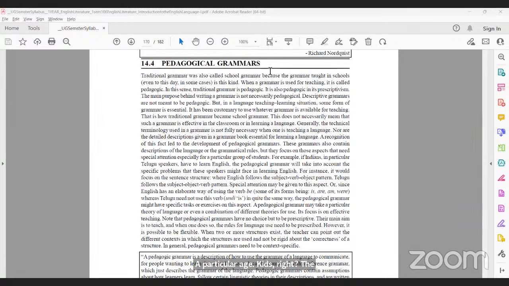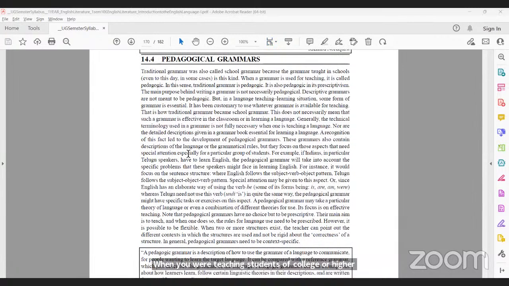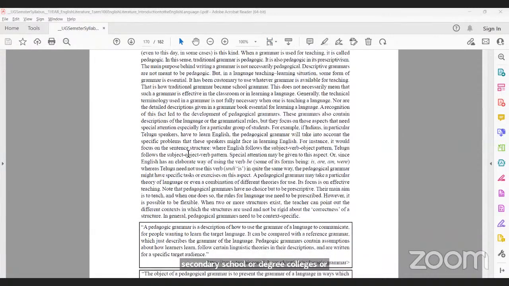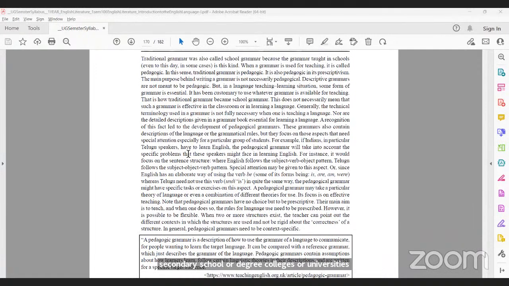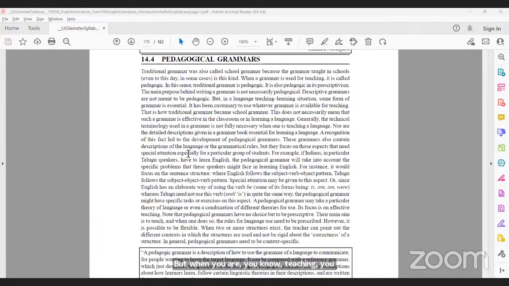When you are teaching kids in a kindergarten school and using a particular form of grammar, your way of teaching will be different from when you are teaching students of college, higher secondary school, degree colleges or universities. That will be completely different based on their ages.